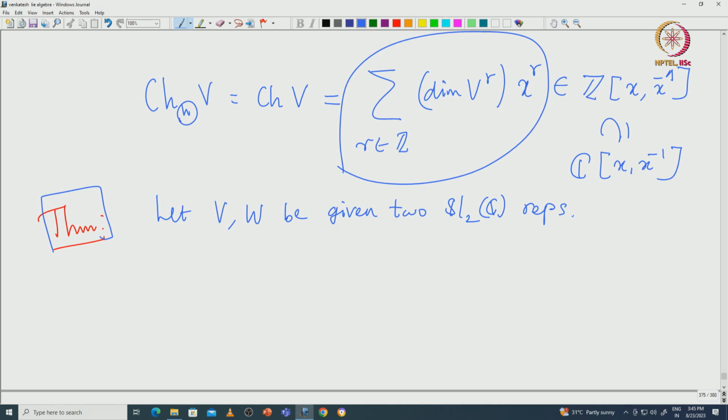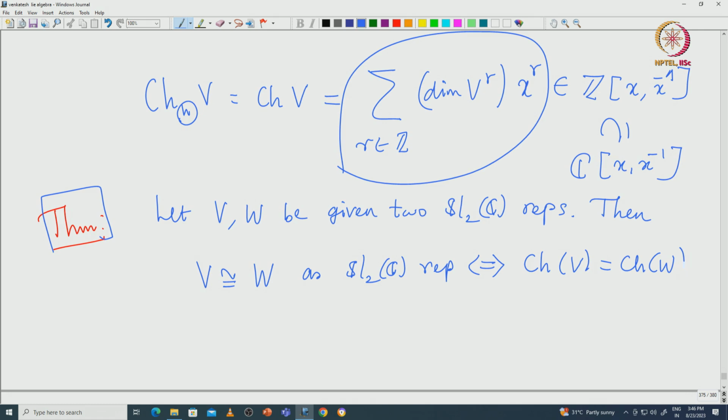Then what I meant is that the character actually determines the representation. So, V is isomorphic to W as SL2 representations if and only if the character of V is the same as the character of W. So, basically these two Laurent polynomials are the same. If they are the same, then immediately we get that V and W are isomorphic.